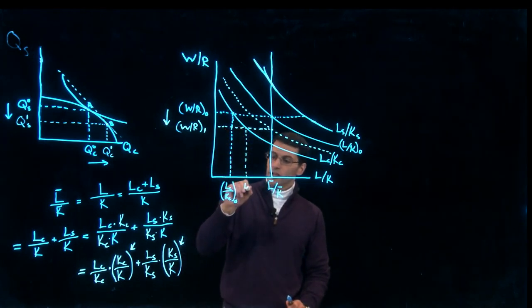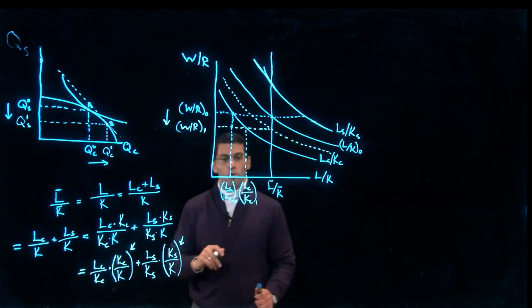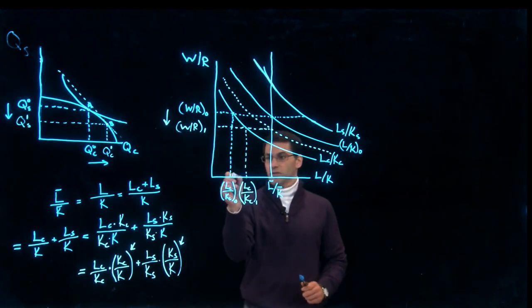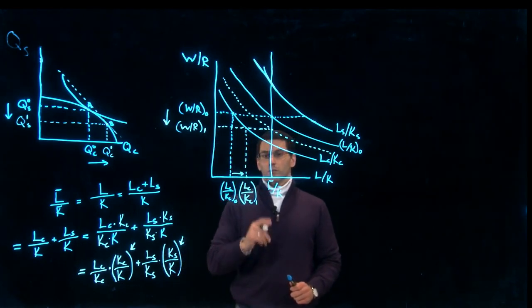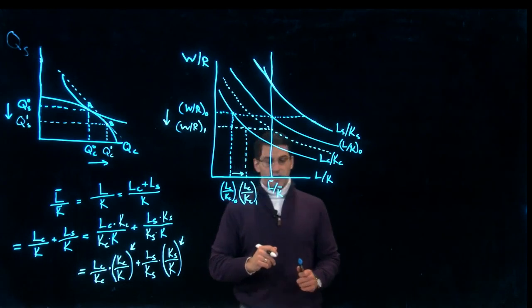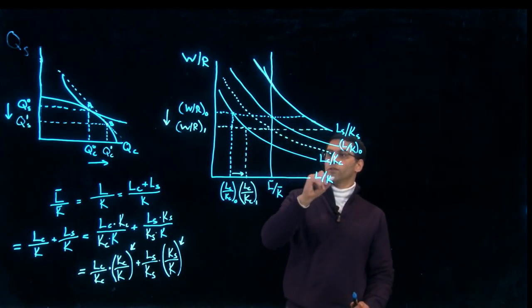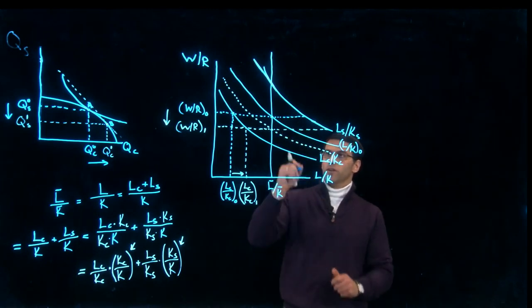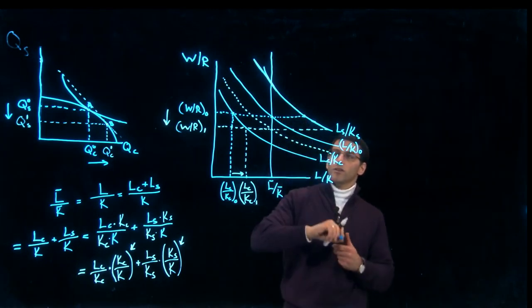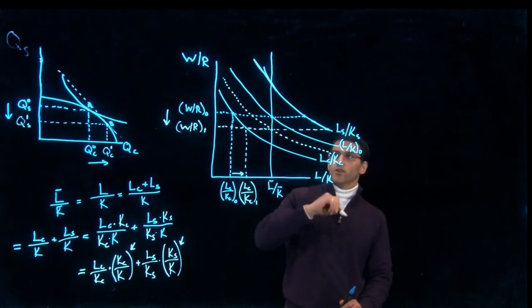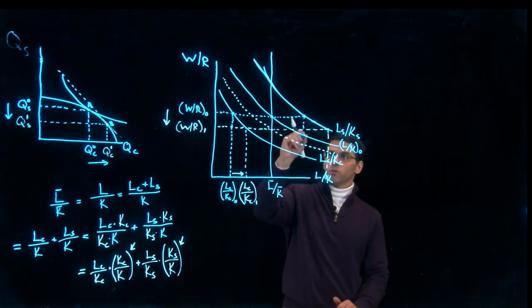The labor to capital ratio in the computer sector goes up from 0 to 1. We see that increase. Same thing we could see for the shoe sector. They're going to go from here down to here. So they're going to also increase their labor to capital ratio.